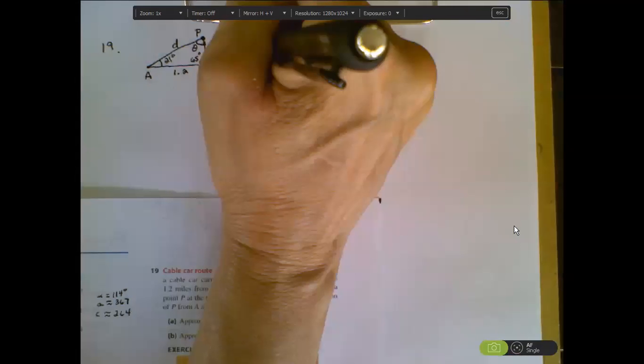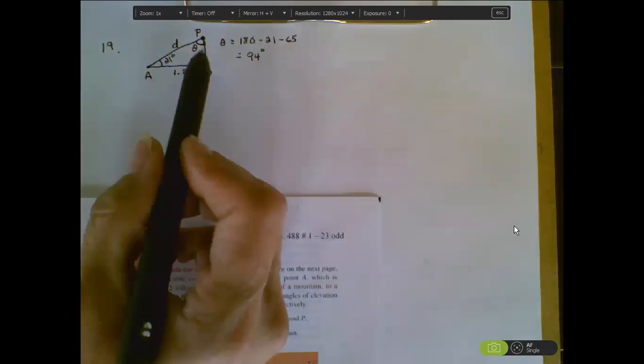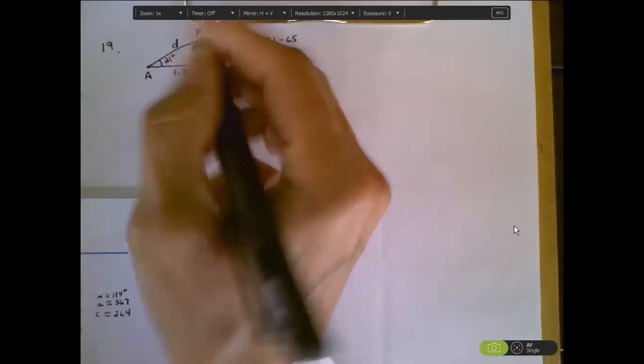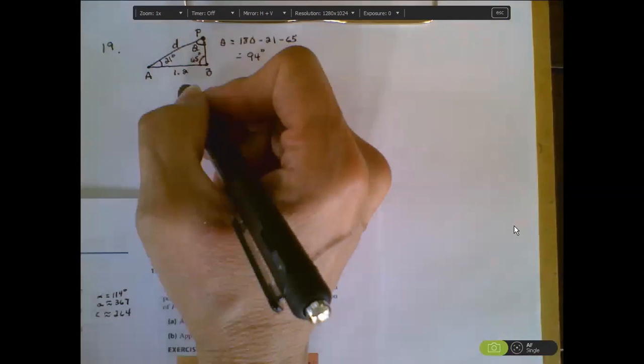That's the one that's supposed to look like a right angle. Did I subtract correctly? 86, 90, yes, 180. So theta is 94.